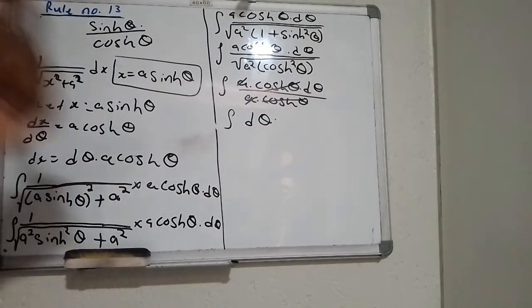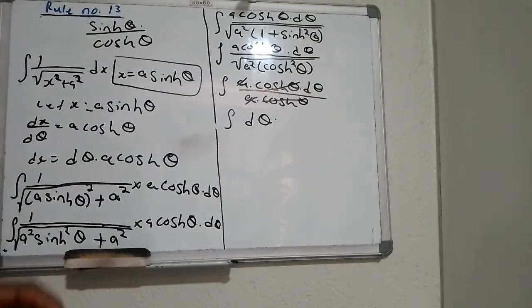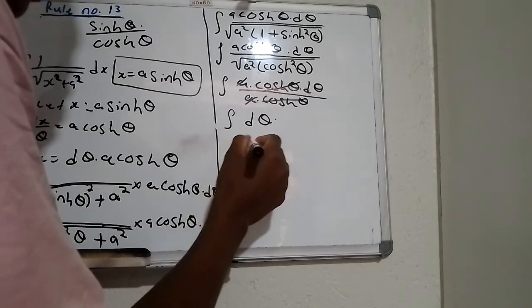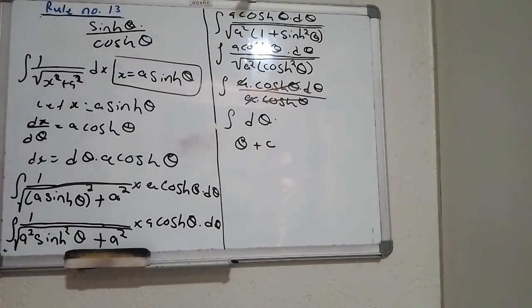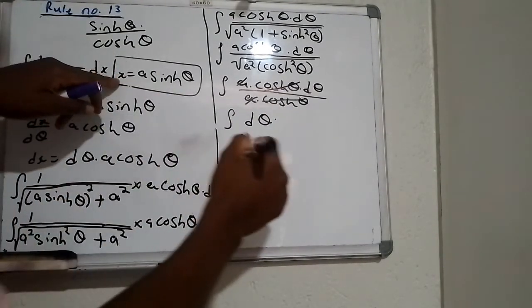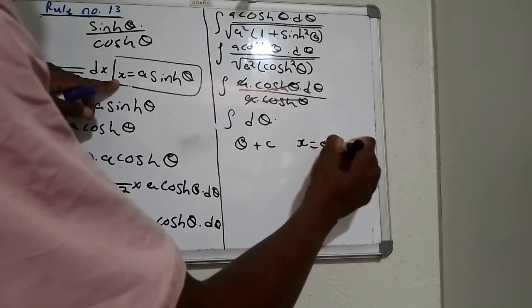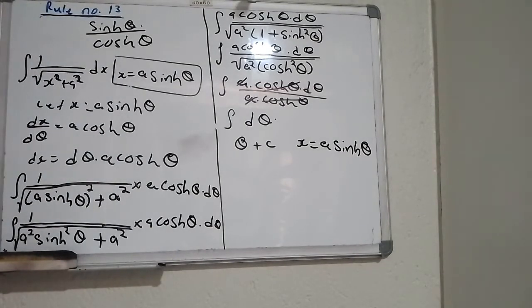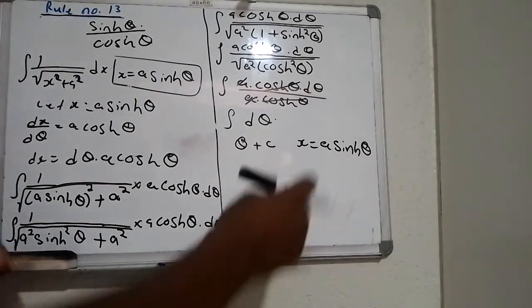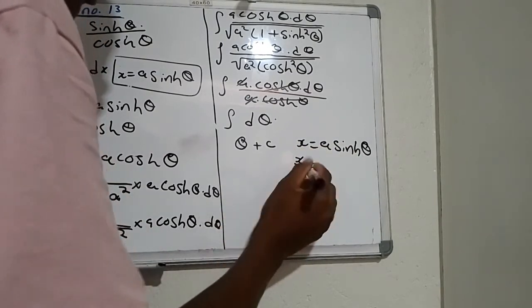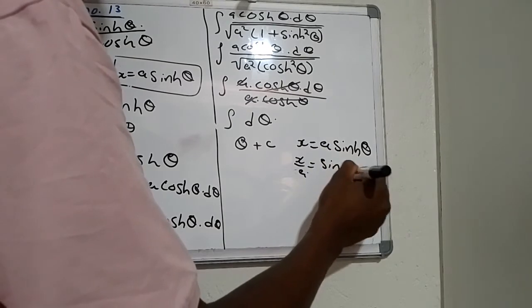Now I need to integrate that. It's like integrating 1. When I integrate 1 in terms of theta, I'm going to have theta plus c. But I know that x is equal to a hyperbolic sine of theta. So x over a is equal to hyperbolic sine theta.